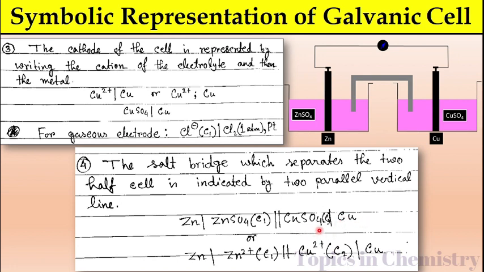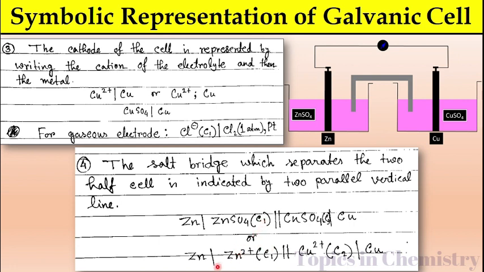This is the right hand electrode, and this is the left hand electrode. Always at the left hand electrode oxidation occurs, and always at the right hand electrode reduction occurs. So this is the final representation of the galvanic cell.